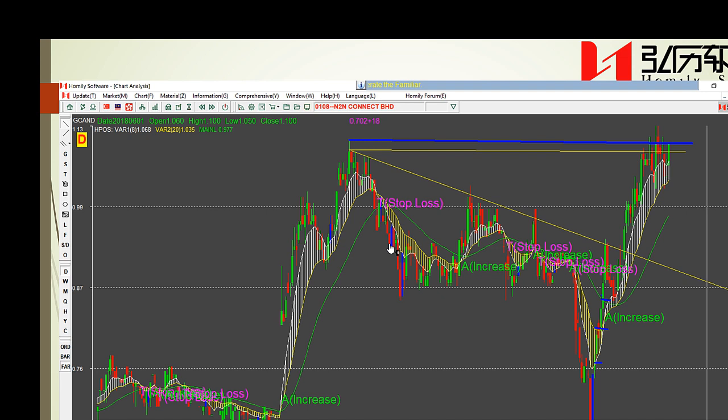But after that, we still can buy it because it gets the increase signal here. We can combine with other indicators like volume to judge whether he will drop or not.